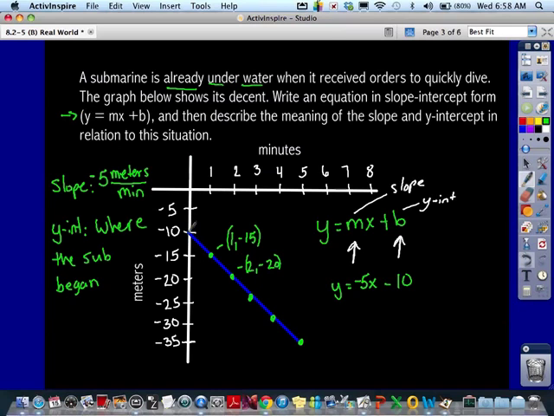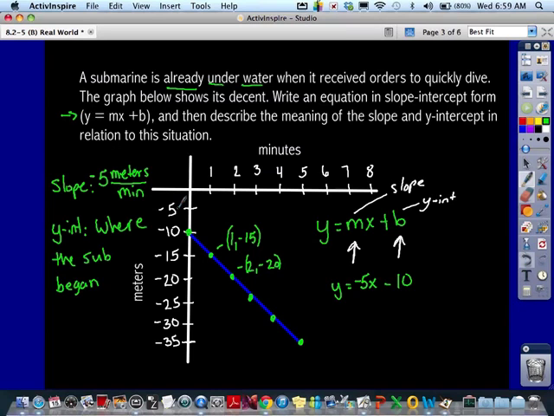So this sub must have began right here at negative 10 meters below the surface. And if you're not sure what a meter is, it's just more than 3 feet. So that's roughly a little more than 30 feet underwater, which, depending on the water, you may not even be able to see it that deep. If it's really clear water, you might be able to see it. If it's dirty water, you probably wouldn't even be able to see it.